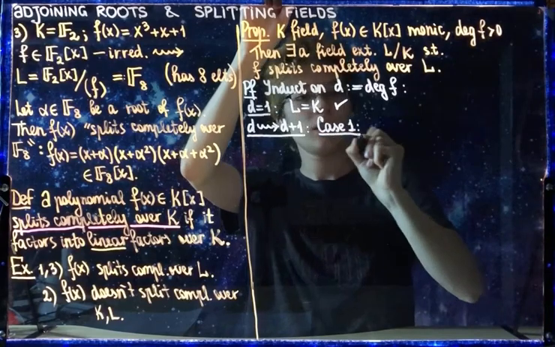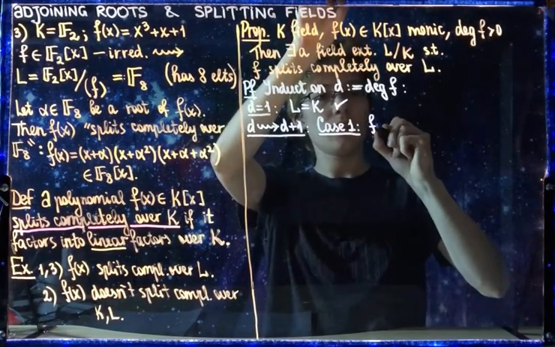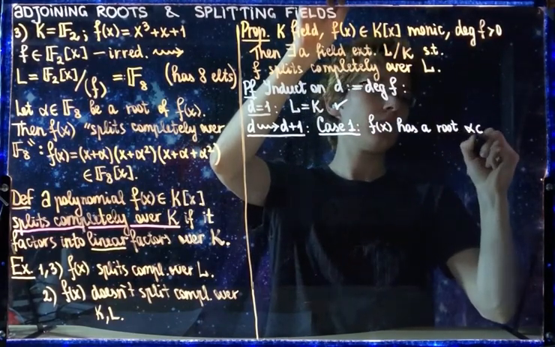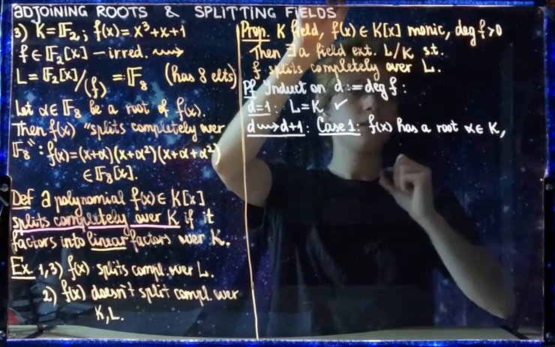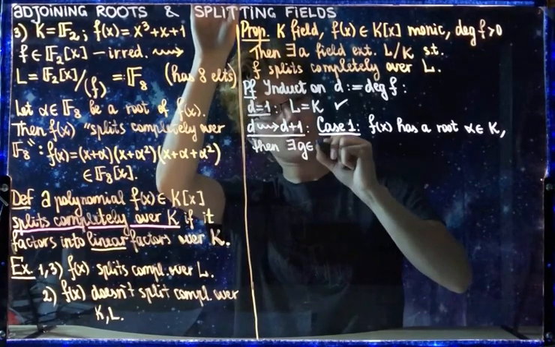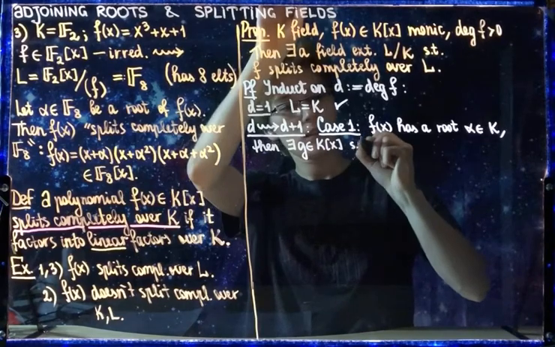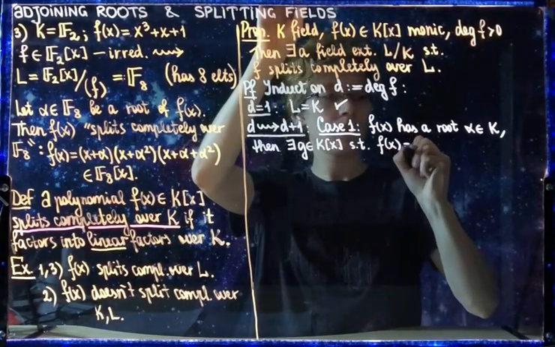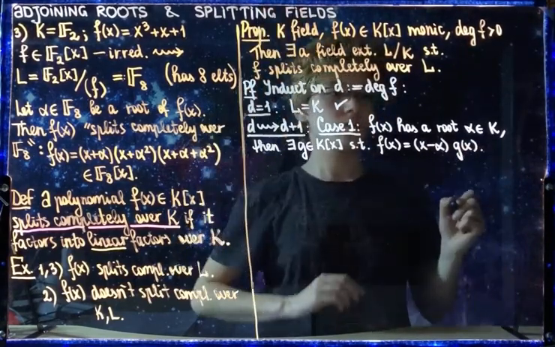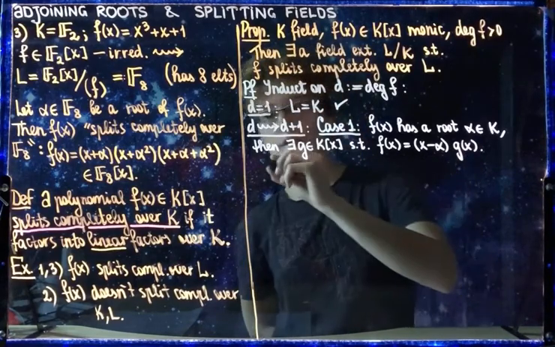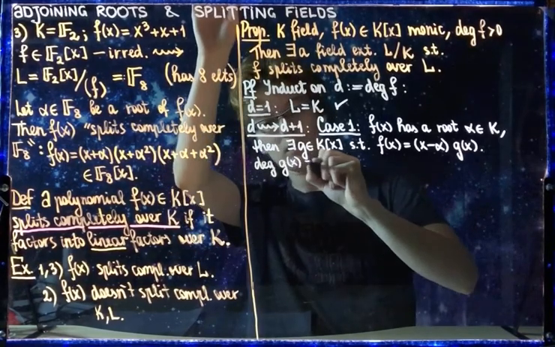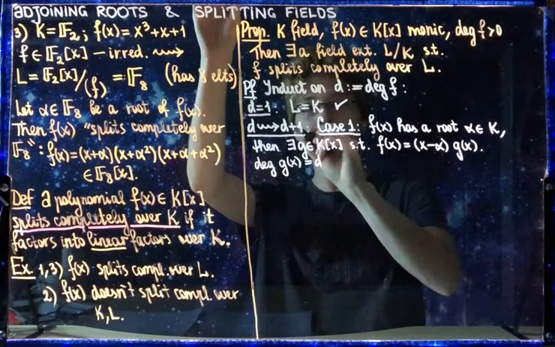Case number 1 is when f of x has a root, say alpha in k. Then there exists a polynomial g in k adjoin x such that f of x is equal to x minus alpha times g of x. So in this case, the degree of g of x is equal to d because the degree of f is d plus 1.